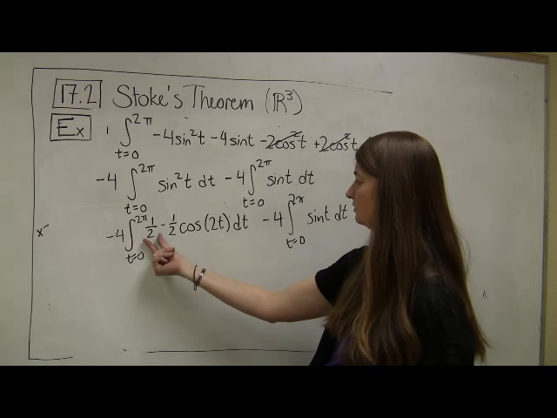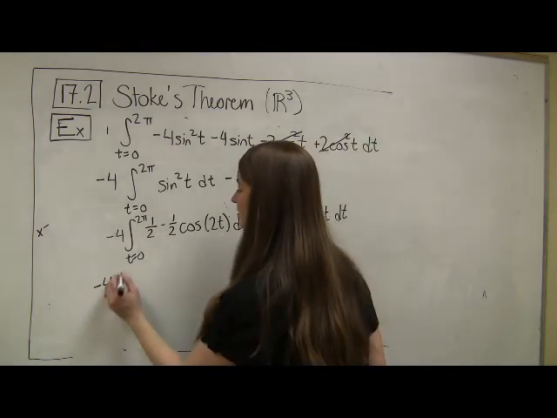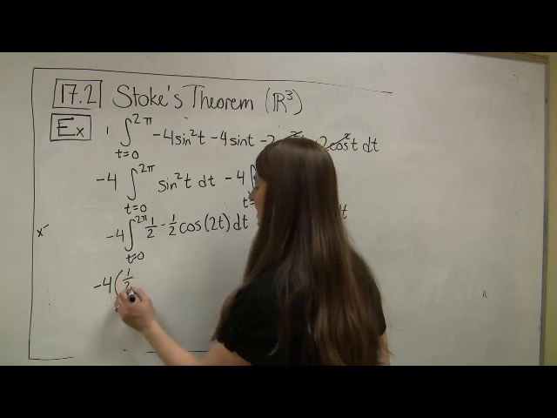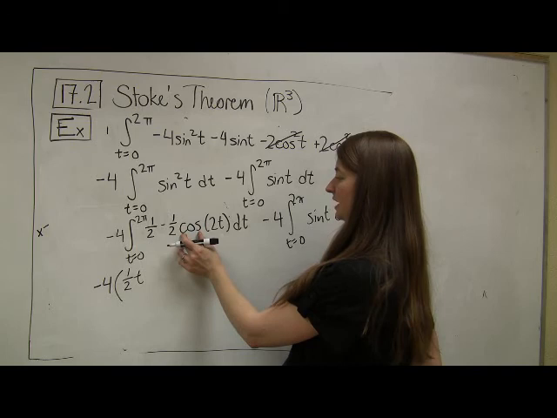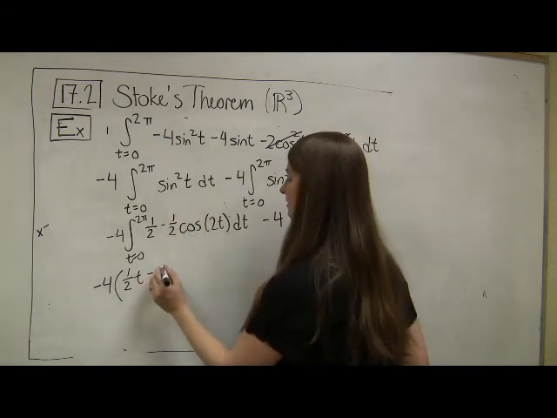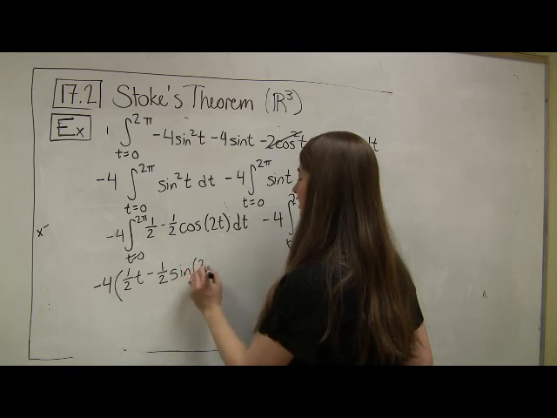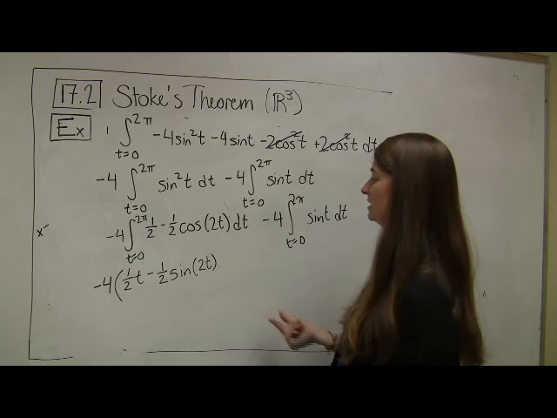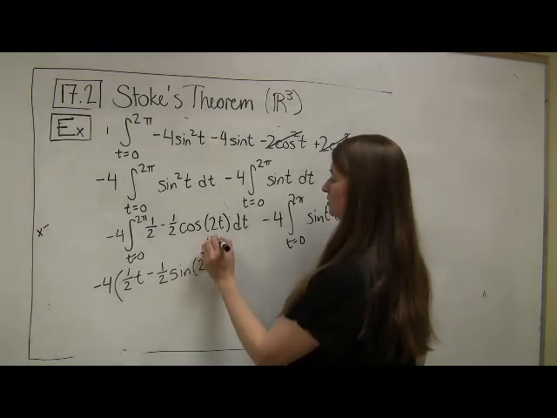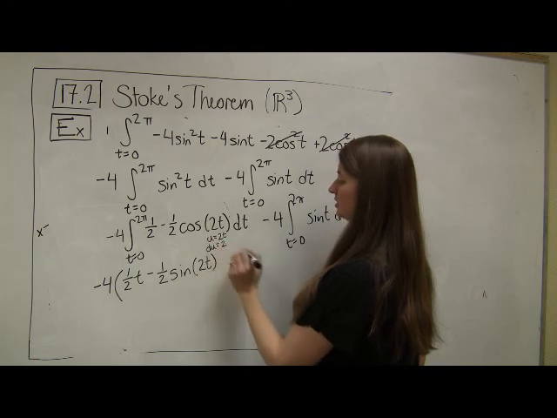So I'm going to integrate the first term with respect to t, and I end up with a -4 out front, times 1/2 t. The integral of cosine is sine, so I end up with minus 1/2 sine of 2t. Oh, I needed to do a u sub because this isn't just a t, this is a 2t. So if my u is equal to 2t, then my du is going to be equal to 2 dt.